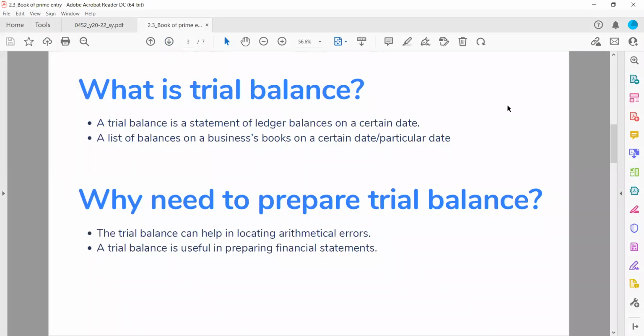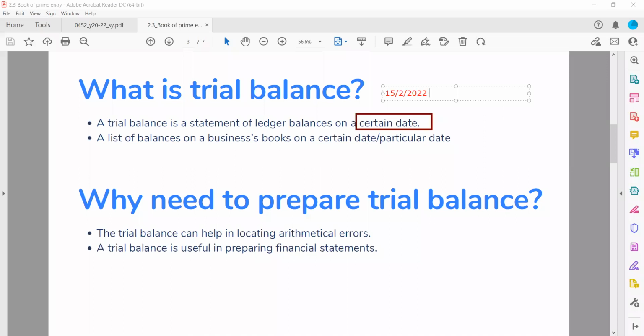Okay, what is a trial balance? A trial balance is a statement of the ledger balances on a certain date. What is meant by a certain date? A certain date means a specific date. For example, if today is 15 February 2022, it means that only today the amounts I put into the trial balance refer to today.